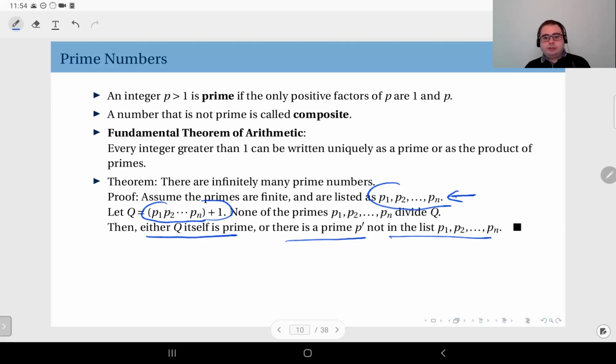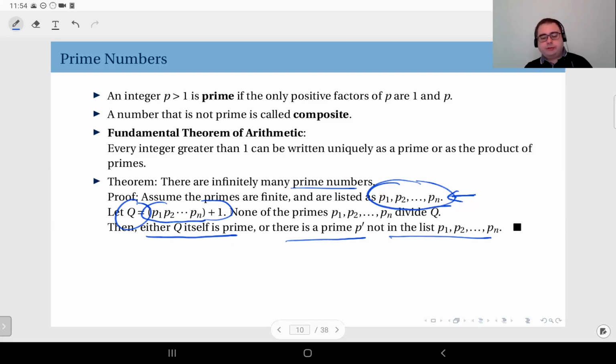Therefore, we have a contradiction here, meaning that this cannot be the list of primes, because given any finite such list, we can construct a q number. Therefore, this list of primes cannot be a finite list. So this proves that the prime numbers are not bounded, so there are infinitely many prime numbers.